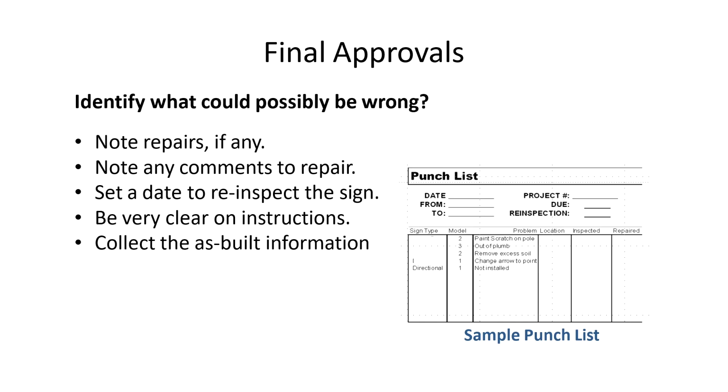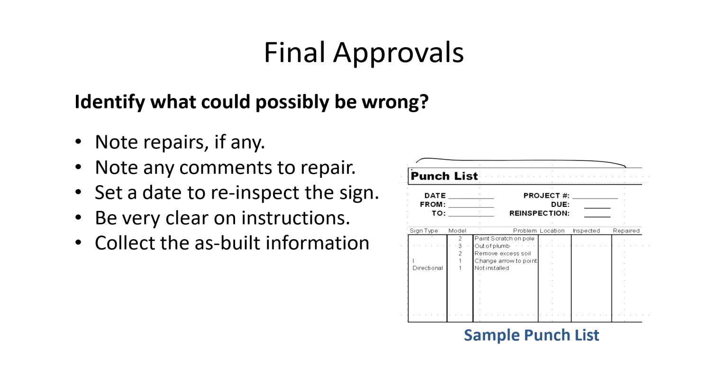In the final approval process, it is crucial to identify any possible issues that may need attention. We have to take care of repair requirements and any comments for improvement, which should be recorded in a punch list, that is, a punch form.